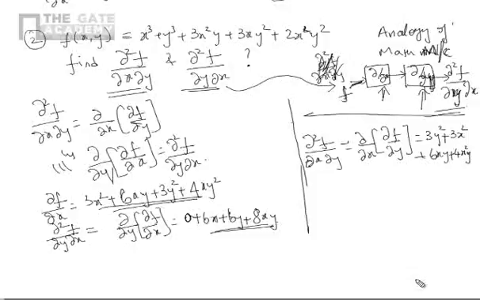Now we have to differentiate these terms with respect to x again. So 3y² on differentiation with respect to x will give me 0, because I am doing a partial derivative, I consider only change in x. 3x² will give me 6x, 6xy will give me 6y, and 4x²y will give me 8xy. We observe that we are getting the same answer.